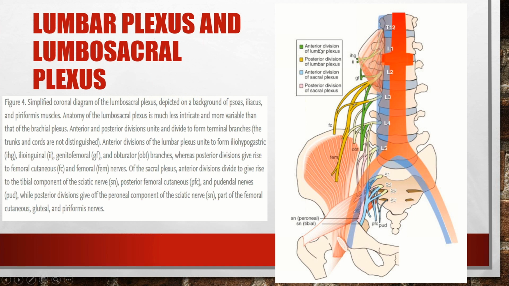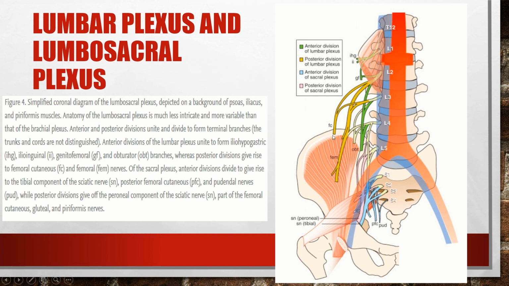From the anterior and posterior divisions, the anterior division of the lumbar plexus gives rise to the iliohypogastric nerve, ilioinguinal nerve, also the femoral nerve, and the last one is the obturator nerve, whereas the posterior division of the lumbar plexus gives off the lateral femoral cutaneous nerve, and the femoral nerve as well.